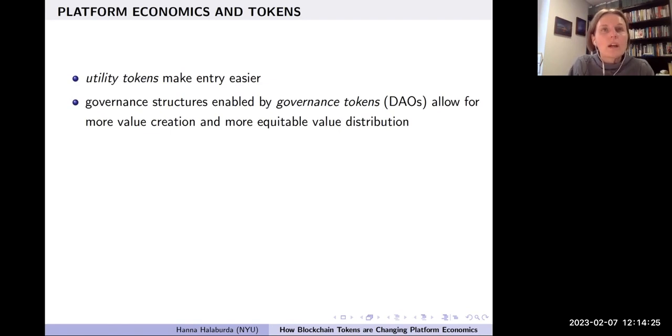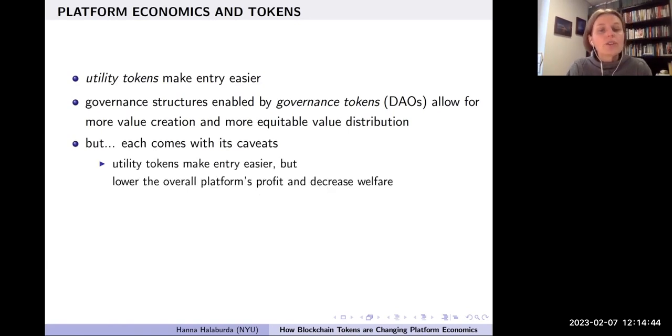findings are very welcomed by the blockchain community, because it shows the ability of blockchain technologies to improve on the old economics problems. At the same time, we're showing that each of those findings comes with its caveats. So first, utility tokens make entry easier, but they lower the overall platform's profit, and they decrease the overall welfare. So it's a benefit on one side, but it comes at a cost.